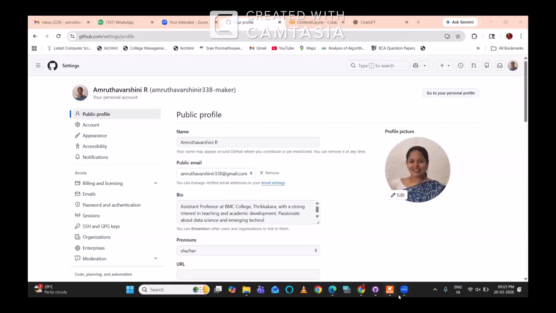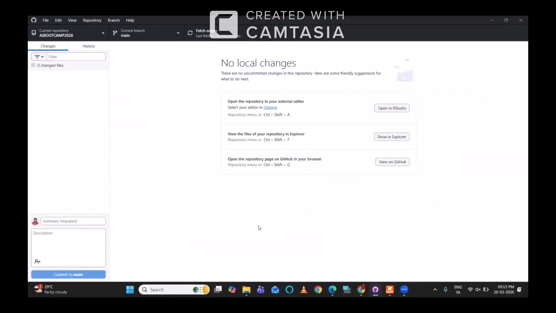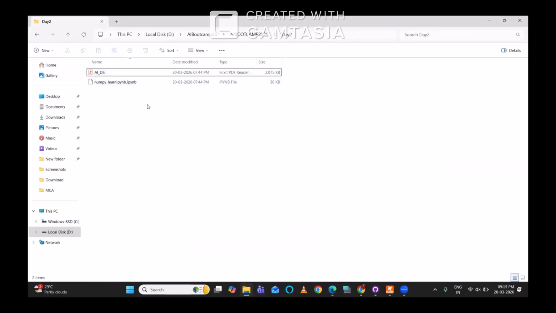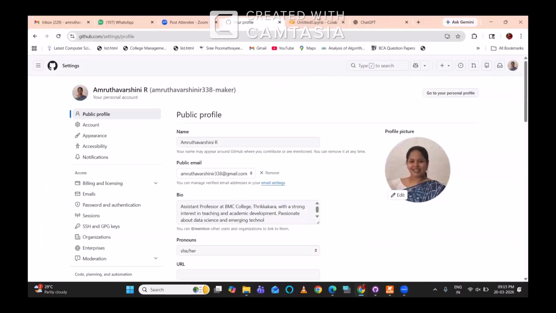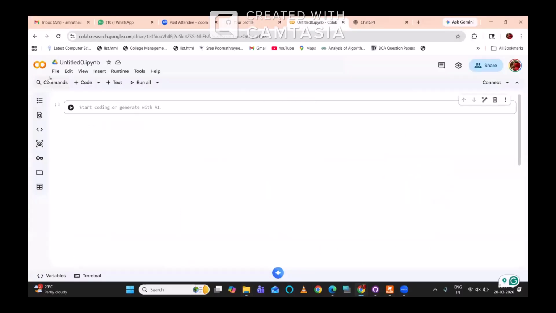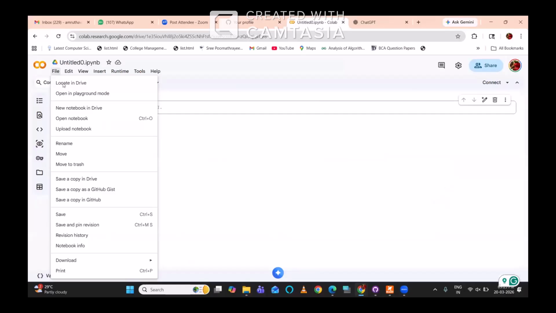Okay. Have you seen that repo? Did you get the day two resources on your PC? Yeah, fine. Now you can upload that NumPy learning IPYNB to Google Colab. Upload notebook.